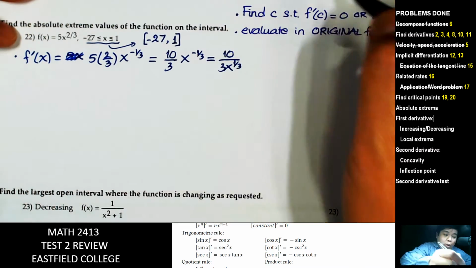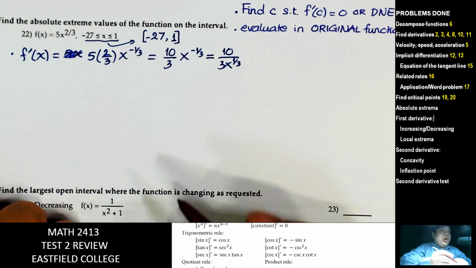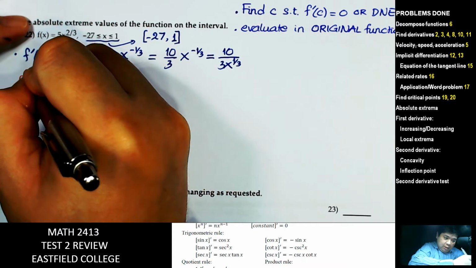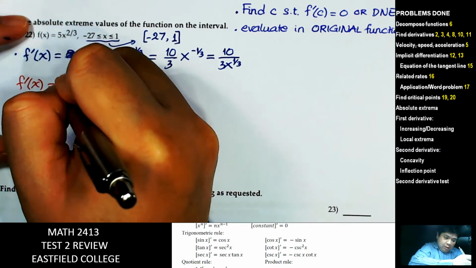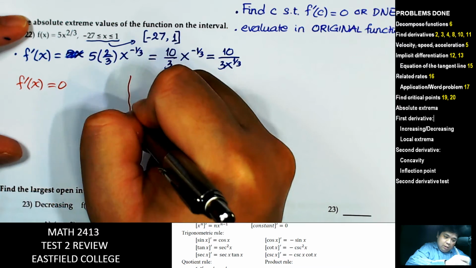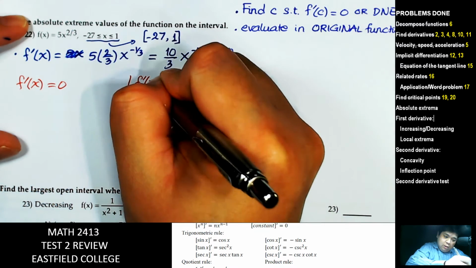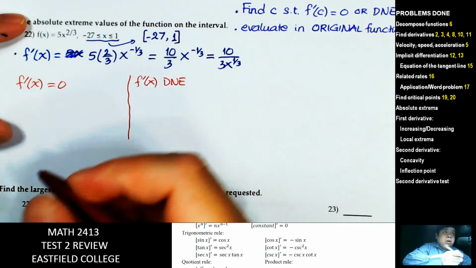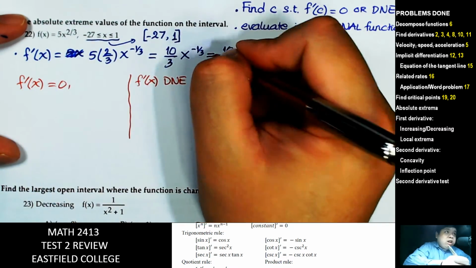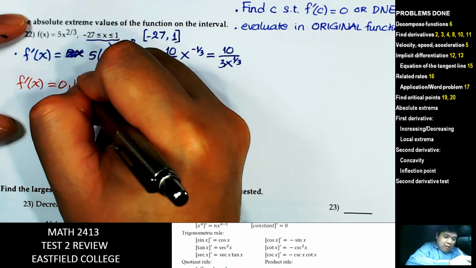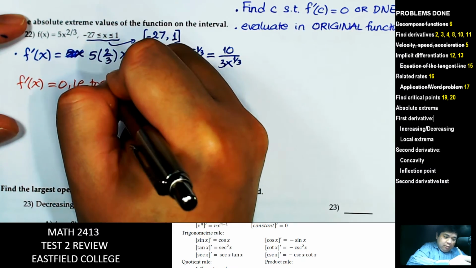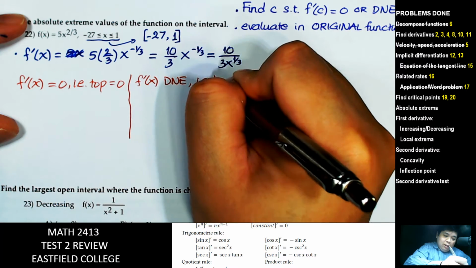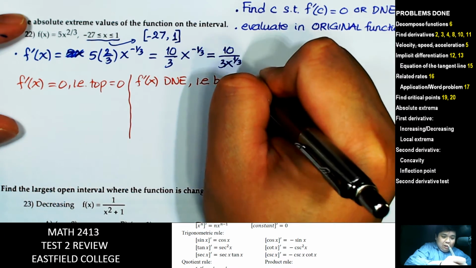Right, so we will let the derivative equal 0 or not exist. Which means for a fraction, the top is 0 and the bottom equals 0.